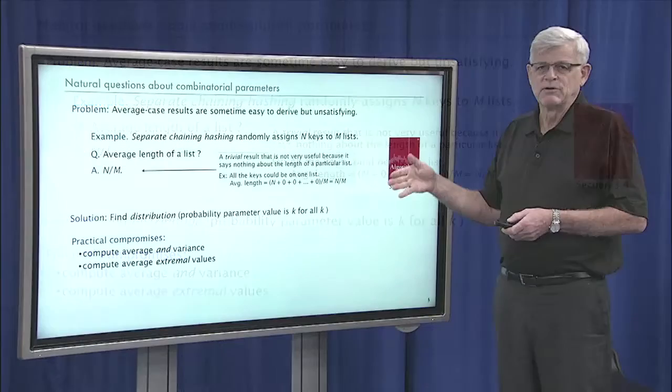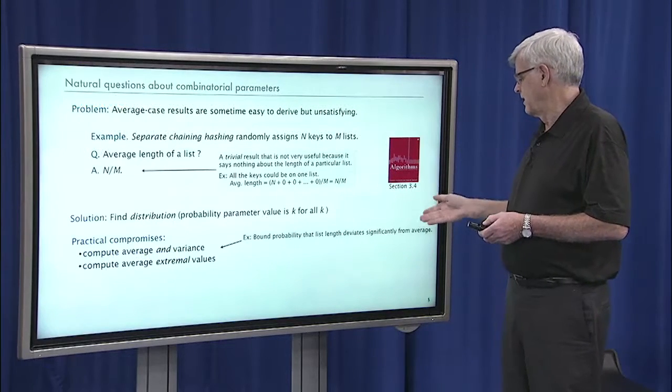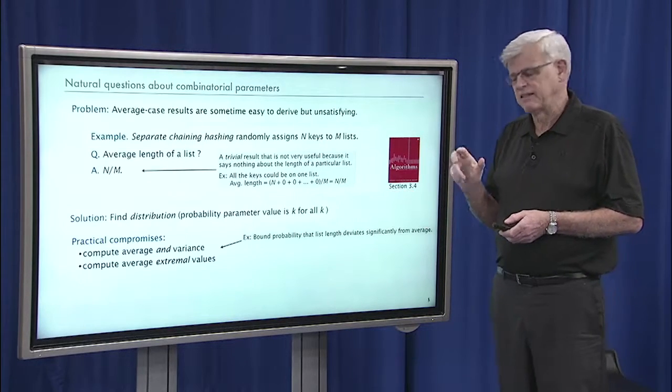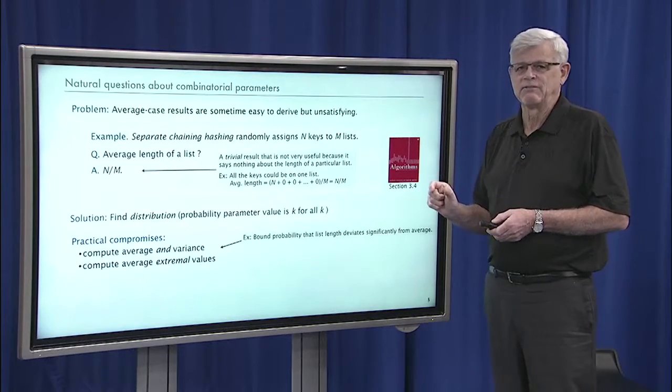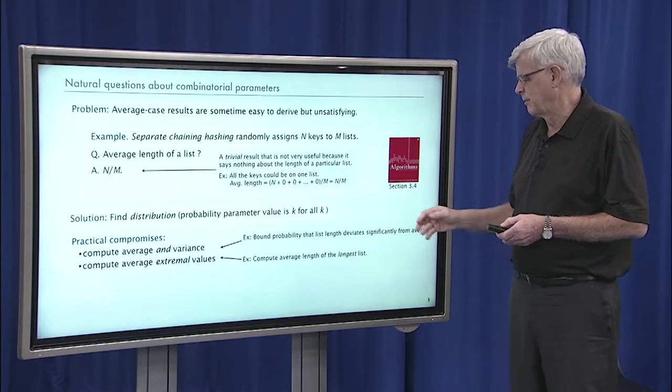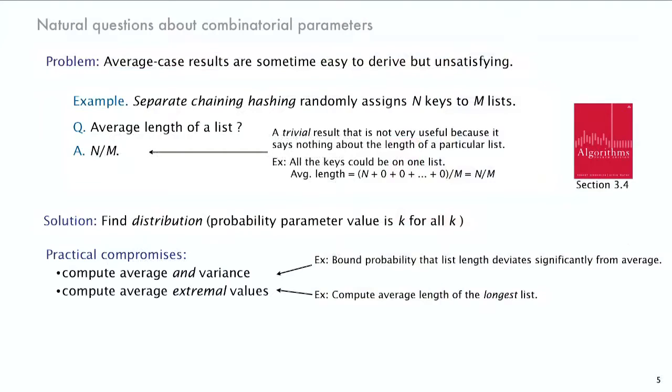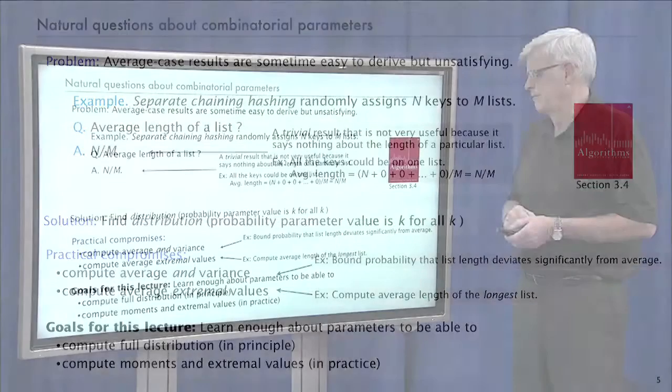And we can also compute extremal values. You could bound the probability that the length deviates significantly from the average, and that's classic in probability. Or we could study the average length of the longest list or something like that. There are plenty of practical compromises to get some kind of estimate that we can apply usefully in practice.